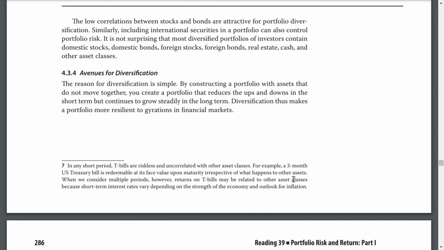The reason for diversification is simple. By constructing a portfolio with assets that do not move together, you create a portfolio that reduces the ups and downs in the short term but continues steady growth in the long term. Diversification thus makes a portfolio more resilient to gyrations in the financial market.